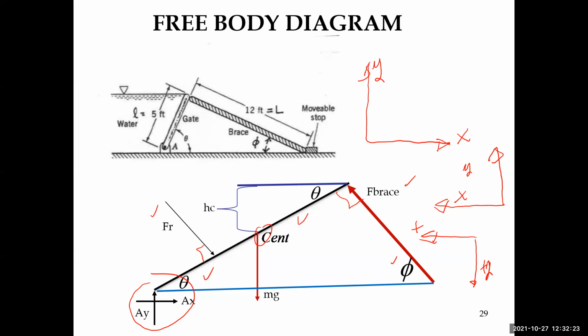So that's why it's important to show me your assumed coordinate system. I just want to make sure that it's absolutely perfectly clear and there's no deviation from this level of expectation.